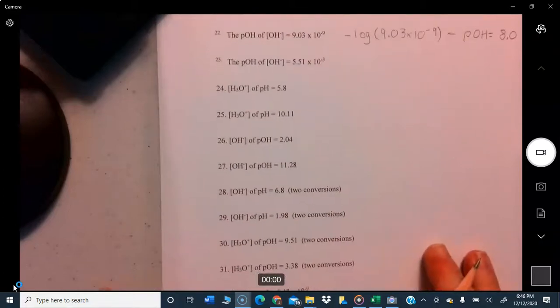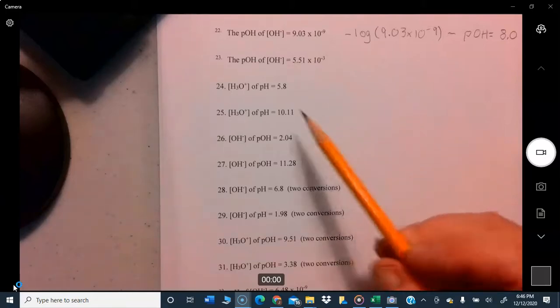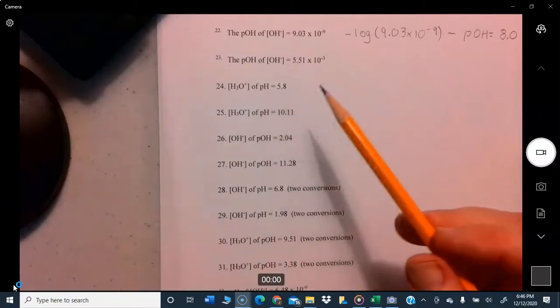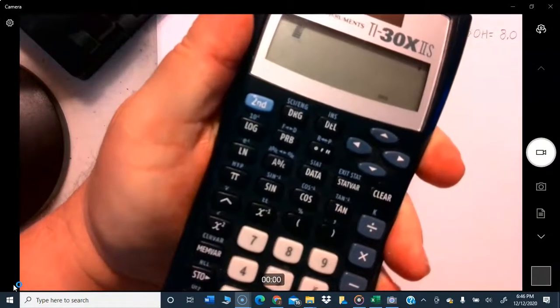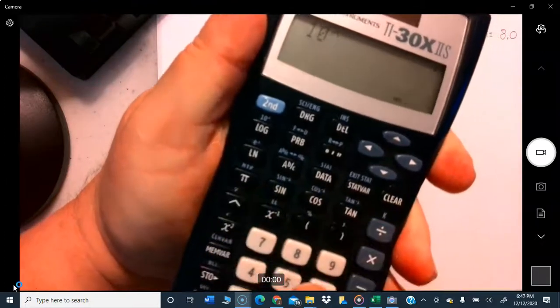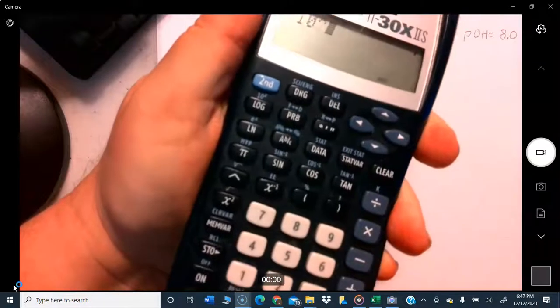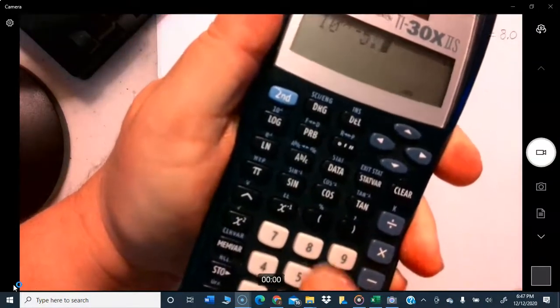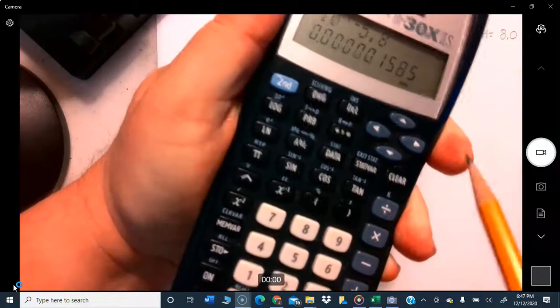I'll do a couple down here. You want to know the H3O concentration when the pH is 5.8. So what you do is go to your formulas, and that's going to be 10 raised to the power of negative pH, negative 5.8.